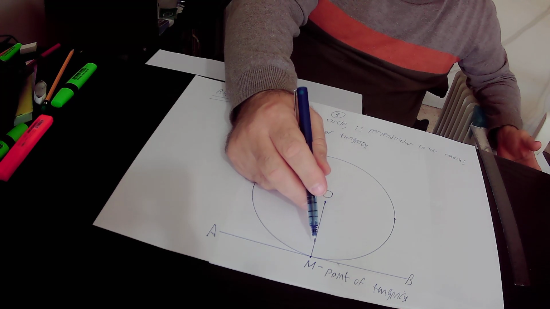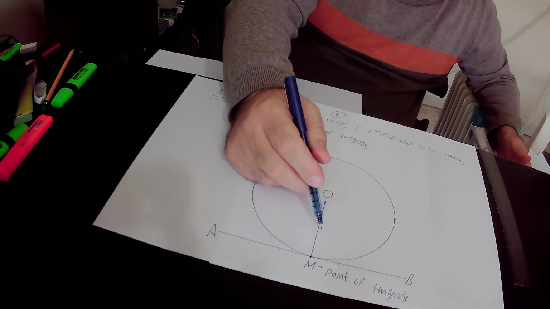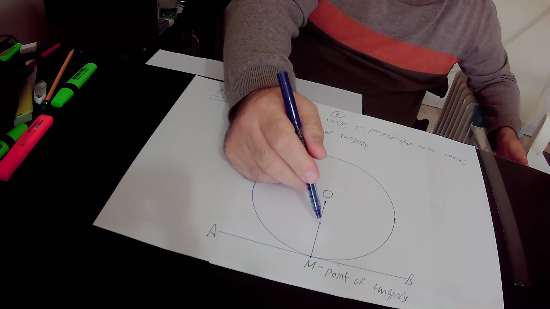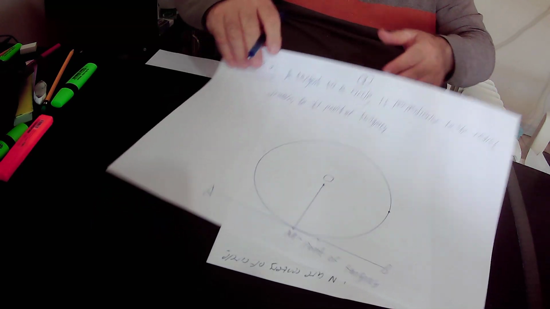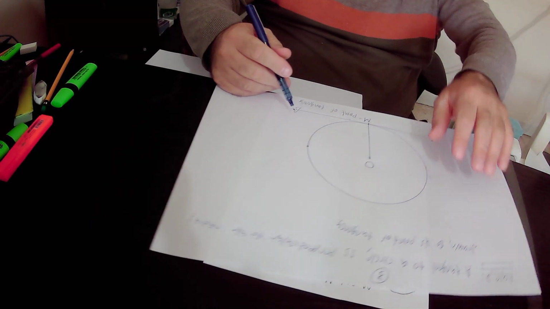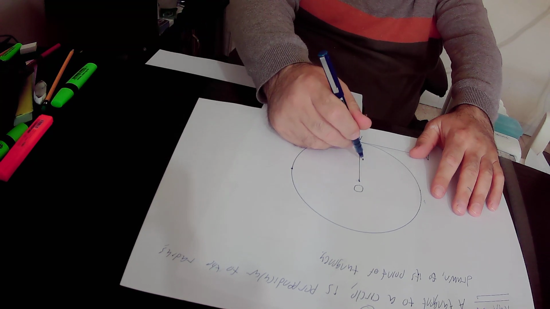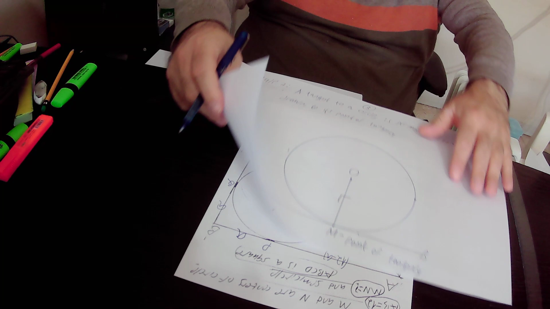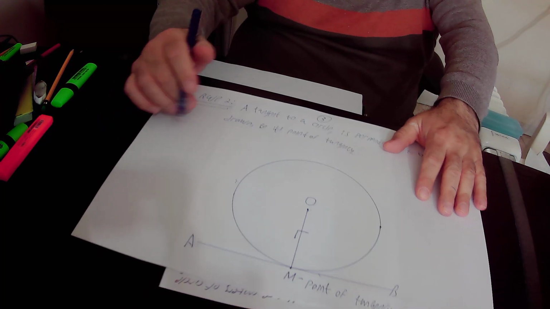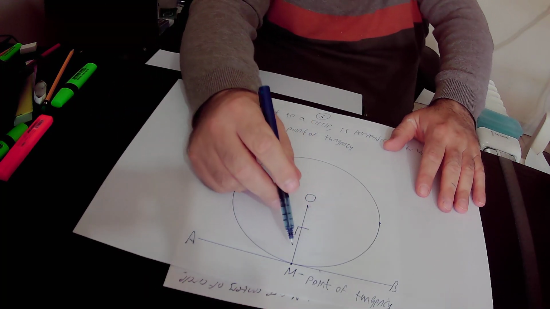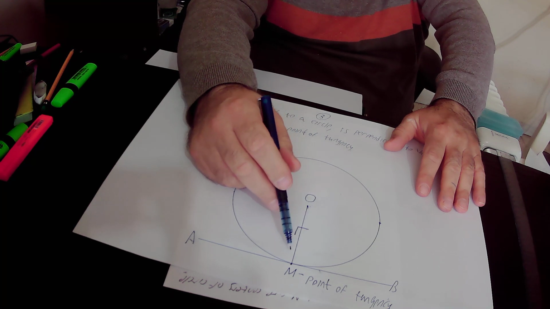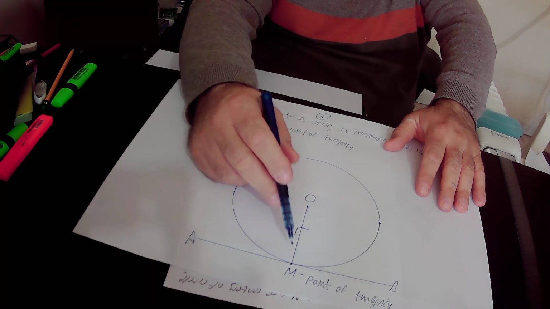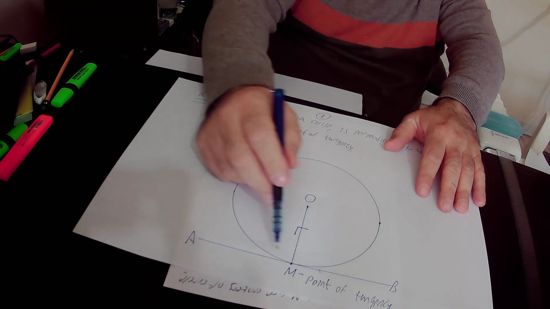This is the definition of a radius. Therefore, OM is the radius of this circle, so we will define it as R. So here, the radius OM is drawn to the point of tangency, that is to say, to point M, the point of tangency of tangent AB with this circle.